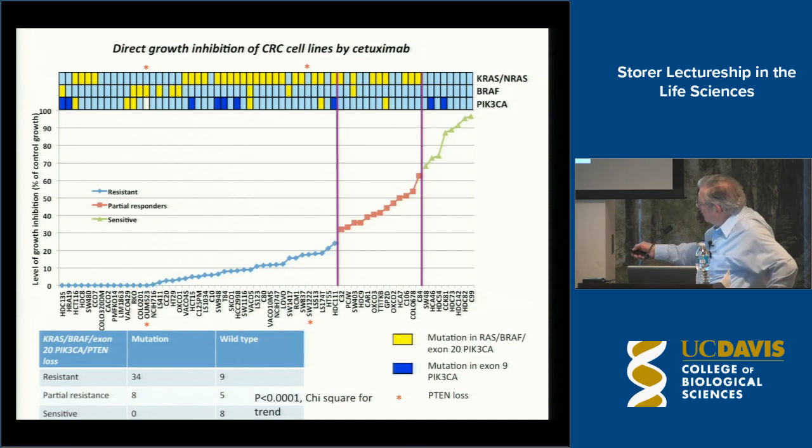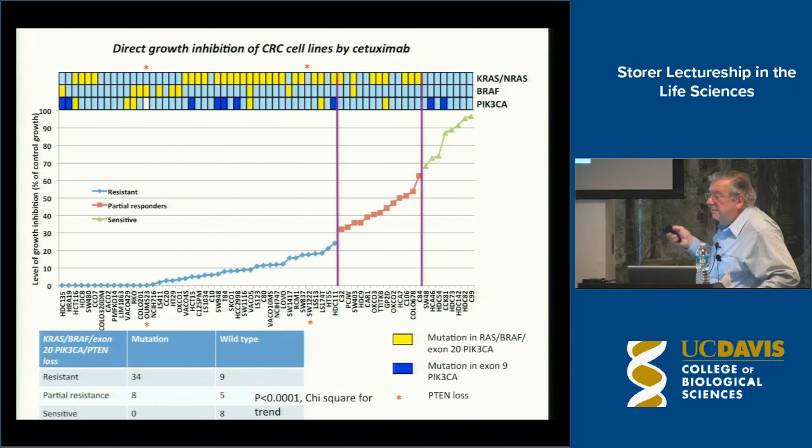So these are all names of different cell lines that we work with. They're ordered by the level of response, going from the most resistant to the most sensitive. And what you see up here in each line is the presence or absence of mutations in particular genes that are well known to be present in colorectal cancer.